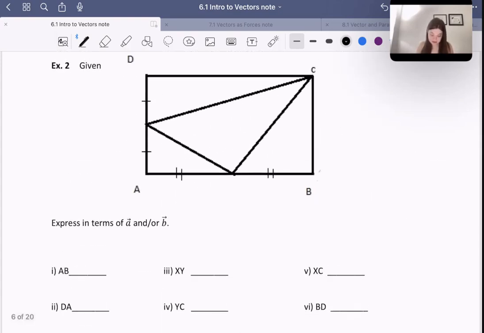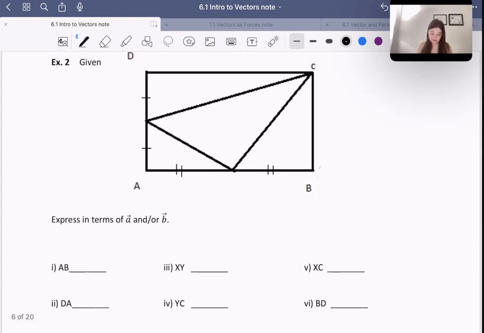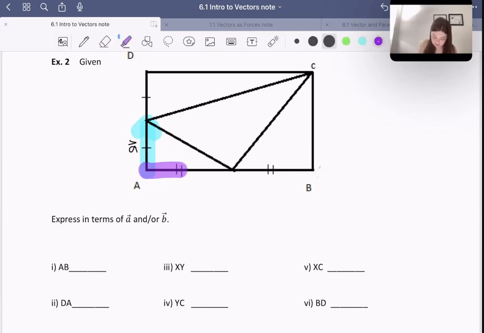so let's do an example. Given this chart, express in terms of vector A and/or vector B. Okay, so let's go ahead and do that. So let's say that, I'm just going to make it up now, the two main vectors we're probably going to need are vector A, let's say it's this one, and then let's say that vector B is that one.